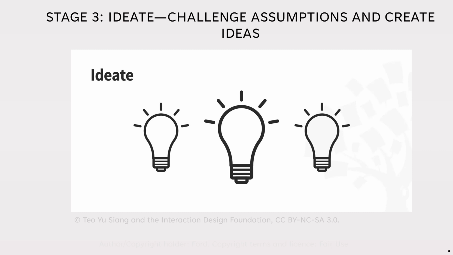There are hundreds of ideation techniques you can use, such as brainstorming, brainwrite, worst possible idea, and SCAMPER. Brainstorm and worst possible idea techniques are typically used at the start of the ideation stage to stimulate free thinking and expand the problem space.